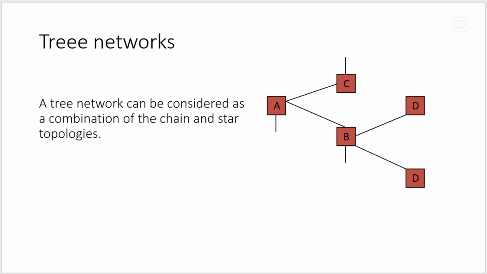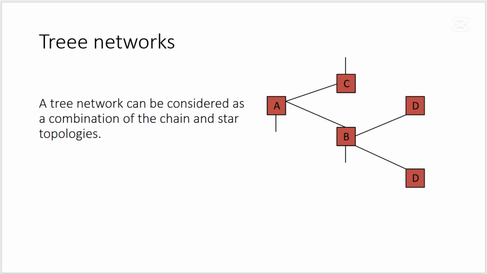So we come to the advantages. It is scalable. New nodes can easily be added at various levels of the hierarchy. Simple and flexible, suitable for expanding networks. The tree network is similar to those of chain and star networks.